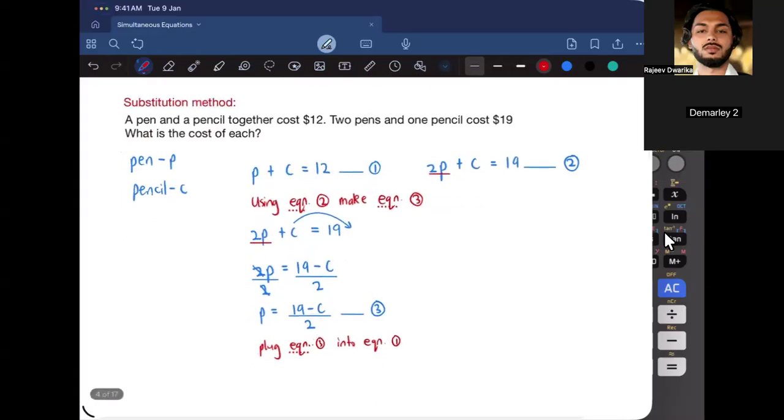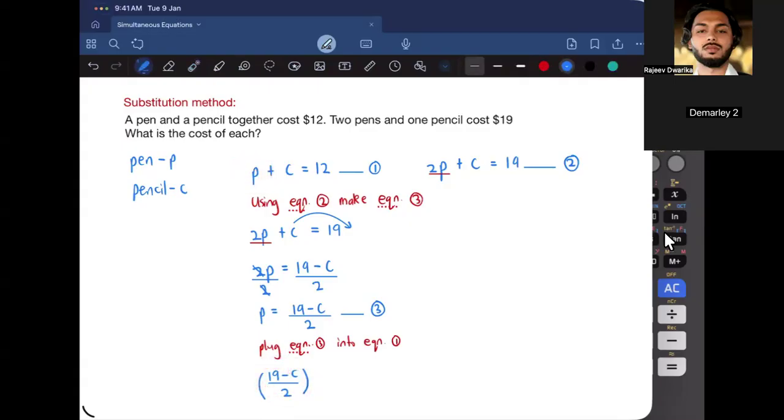So now, in equation 1, anywhere I see p, what am I going to replace it with? 19 minus c over 2. Right, and I'm going to put it in brackets just to be safe: 19 minus c all over 2. Tell me what to write. So what I just did was, instead of writing p, I wrote 19 minus c over 2.